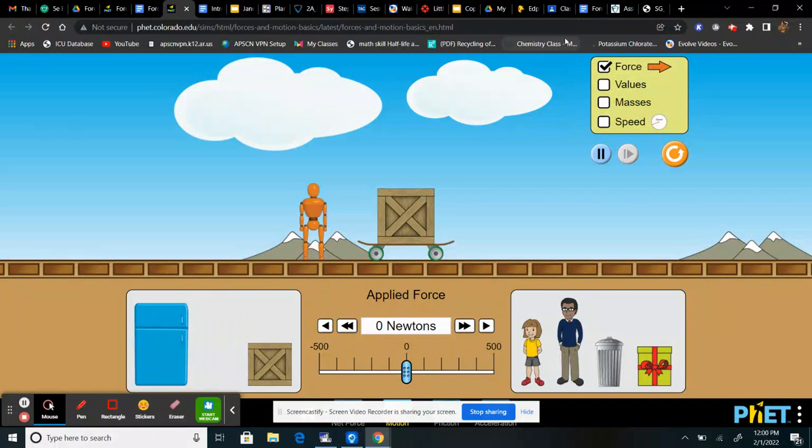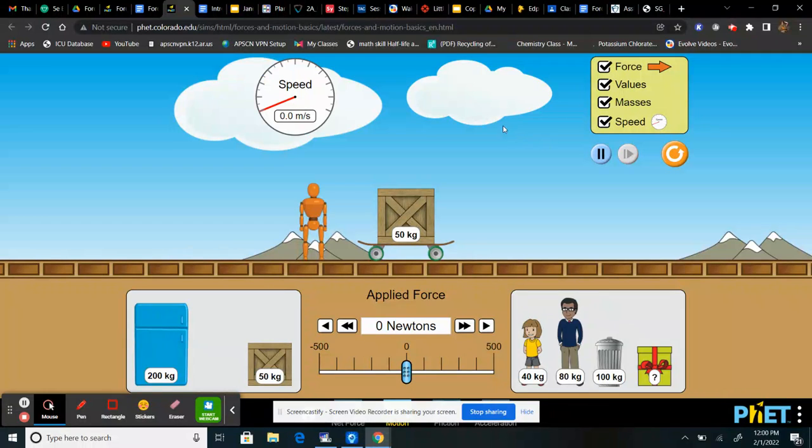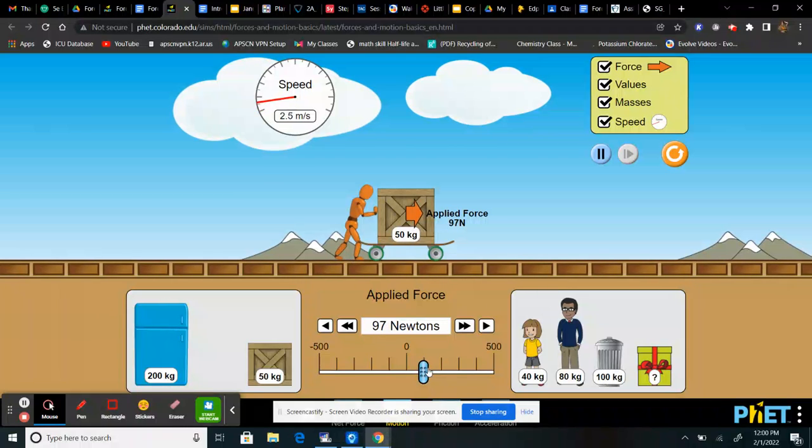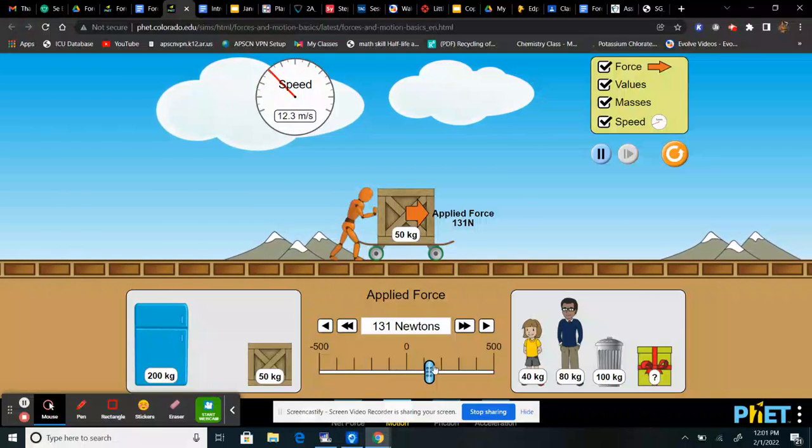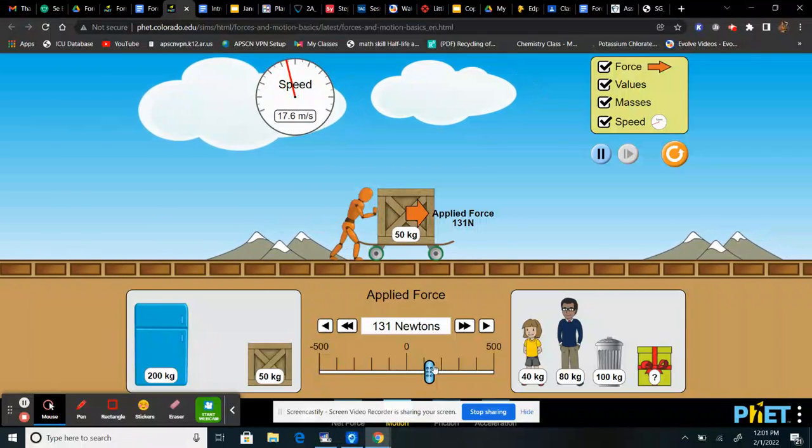Make sure you are following the directions and look at what they're calling for. Make sure to have your values, masses, and speed up, so you can record all observations and see what happens to each individual character. As we increase our force, we see the speed is increasing.